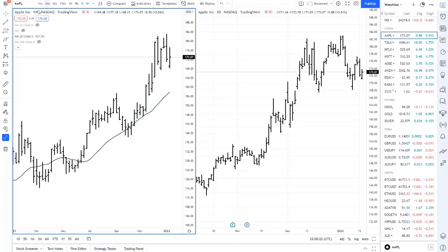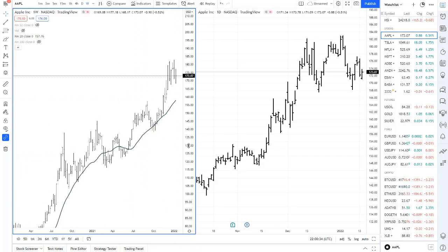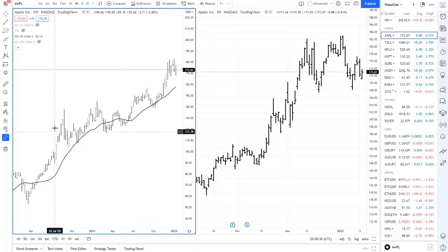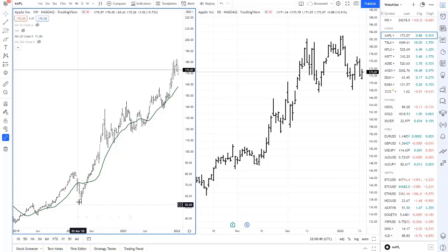Notice how when the market gets too far away, we end up having a pullback, right? Or we get too far away to the upside and we end up having a pullback. If I squeeze my charts up a bit more here, you can see that even with the big COVID crash through here, we eventually come back to the moving average.